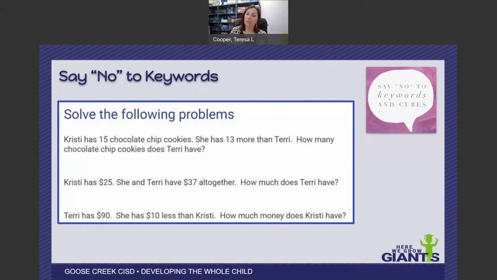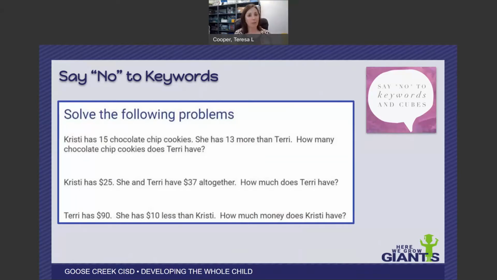How many chocolate chip cookies does Terry have is a subtraction problem, because we know how many Christy has, 15, and we know that's 13 more than mine. That means I must only have 2. So do you see that in this case, we've got to be really careful how we are approaching this problem. We approach it with pictures and building it with manipulatives so that we can figure out what the operation is.